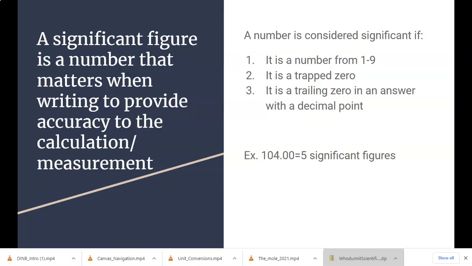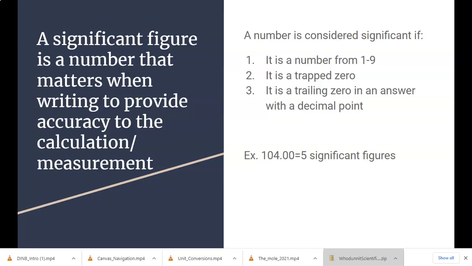Two, if it's a trapped zero or a sandwich zero, which means it's between two non-zero numbers, like 108, 305, things like that. And then finally, if it's a trailing zero and you have a decimal point in your answer. It only works if you have a decimal point. So if you have 3.20, then that zero is significant. But if you just had 320, it's not. We're going to look more than that.